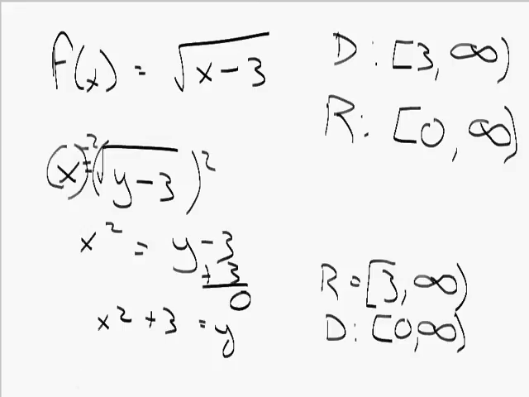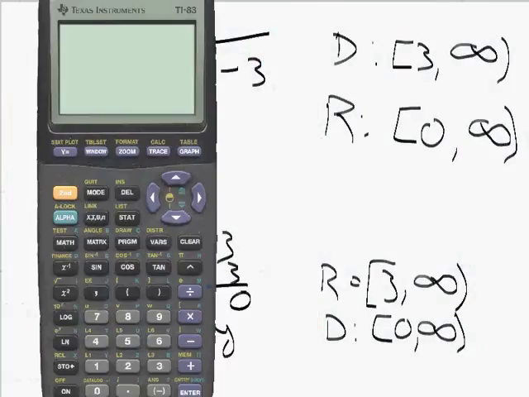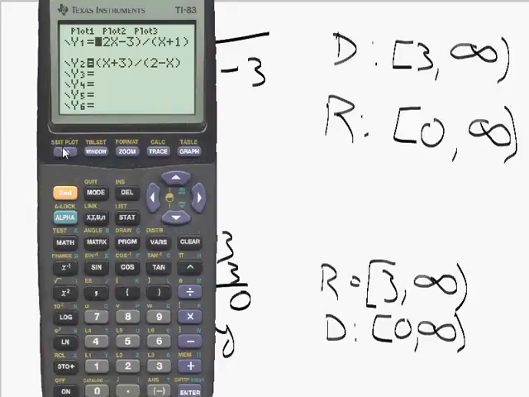So our original function is the square root of x minus 3. Correct. Alright, so there's its graph. It starts at 3 and goes on to infinity, which means that to talk about its inverse, we're only talking about stuff that exists over here.